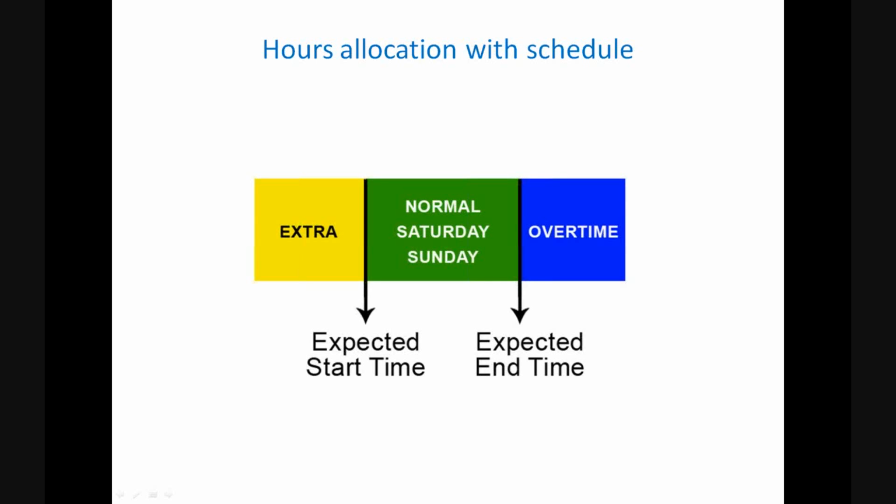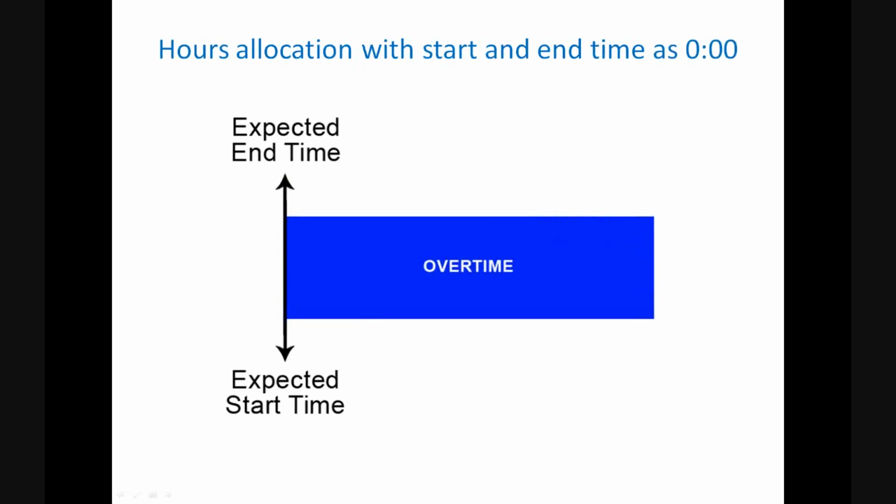Any time before the start time will be allocated to your extra column. Time between the expected start and end times is allocated to the normal column between Monday and Fridays, and over the weekend it will be allocated to your Sunday or Saturday columns respectively. Anything after your expected end time goes to the overtime column.